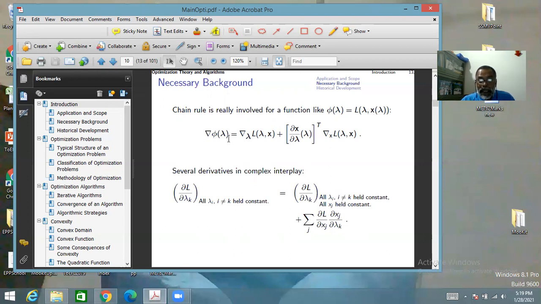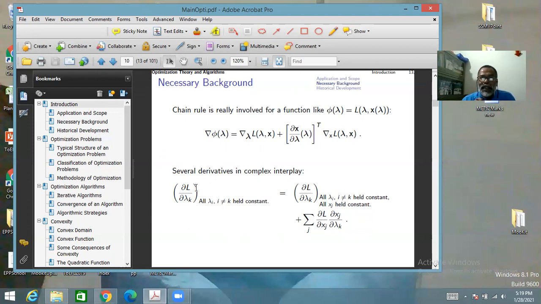And in this, when you try to determine each component of this gradient vector, one of them will appear like this, del L by del lambda k, and here all lambda i's with i not equal to k are held constant. It is with respect to this only, but x's will vary, because that variation you are providing for here.